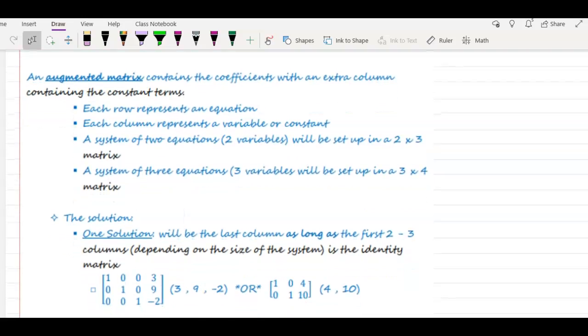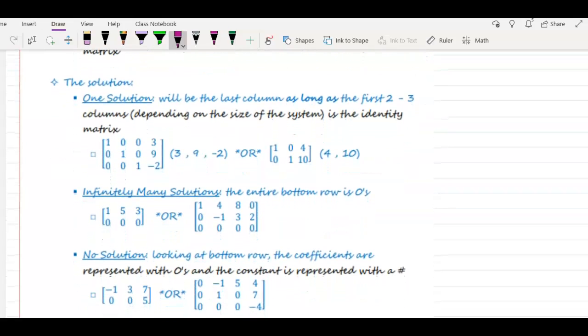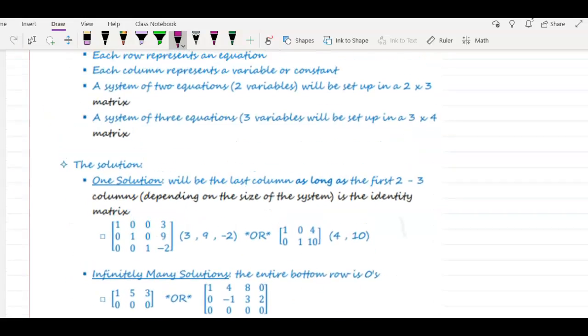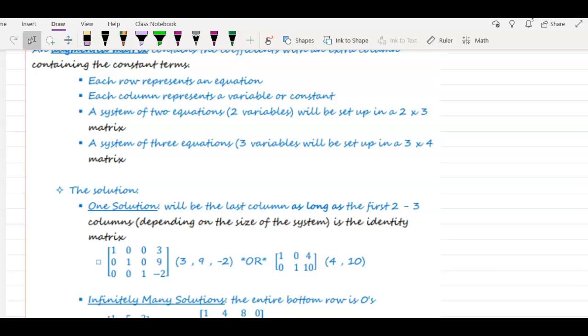A matrix you can think of as an organized little chart or table. And we can take each equation in our system and create a row in our matrix.